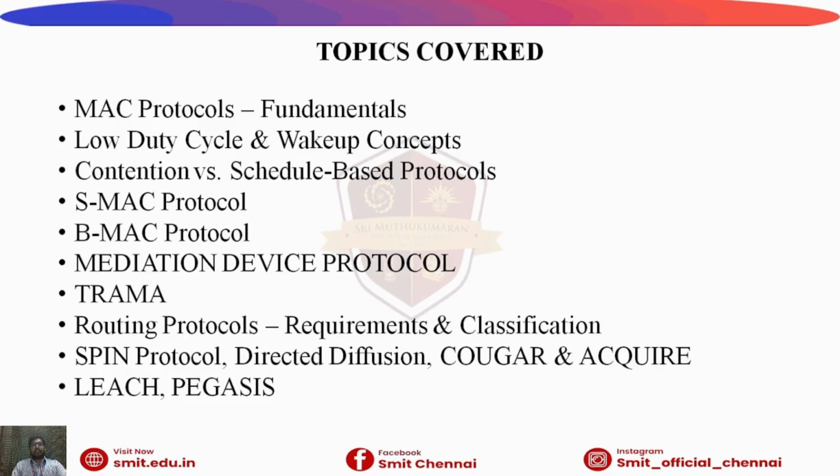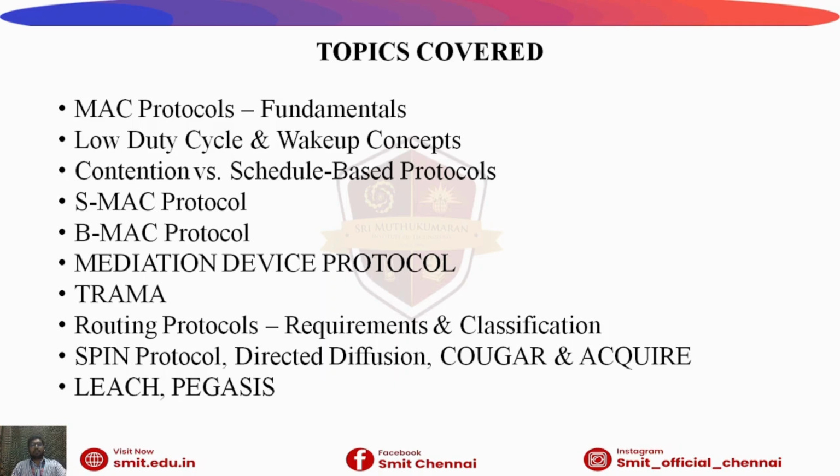So to summarize Unit 2, we focused on the design and operation of MAC and routing protocols in wireless sensor networks, where energy efficiency is the most critical design constraint. We began with MAC protocols, understanding their fundamental role in managing the shared wireless medium. We discussed how idle listening, collision, and overhearing are the major causes of energy loss, and how low duty cycle operation and low wake scheduling significantly reduce power consumption.